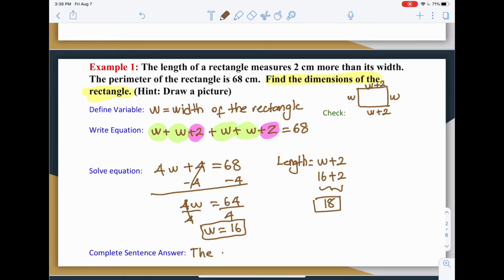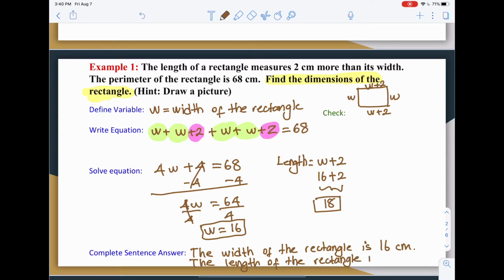the width of the rectangle is 16 centimeters and the length of the rectangle is 18 centimeters, which was our step 5.